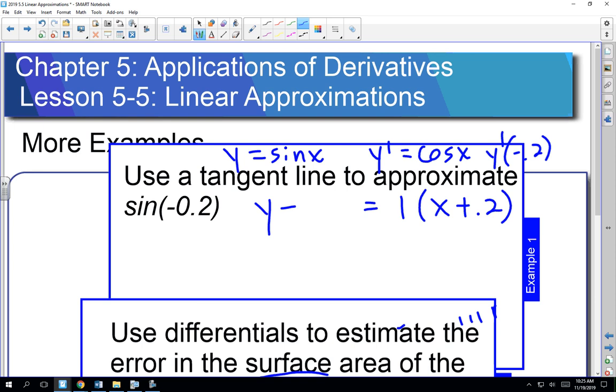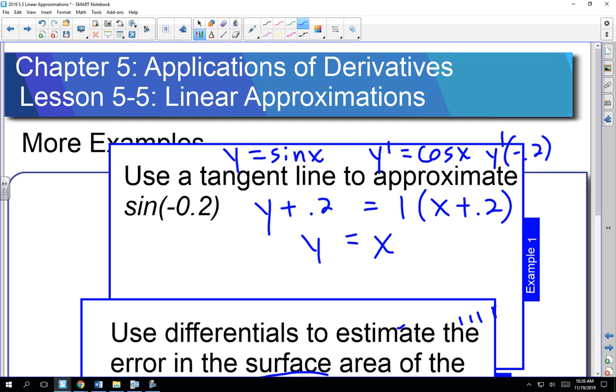I don't remember what it was, but we're really close to negative 0.2. So when all is said and done, when I solve this equation, guess what I get? That tangent line that we decided on in the very beginning as a linearization of sine close to 0, y equals x, was the actual linearization.